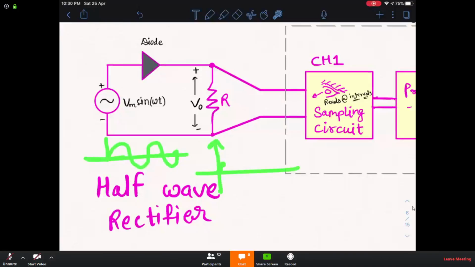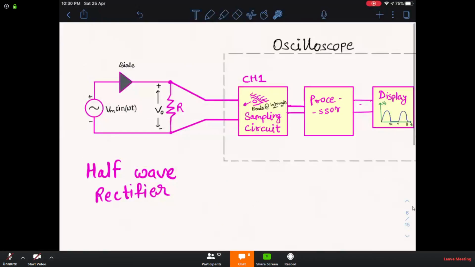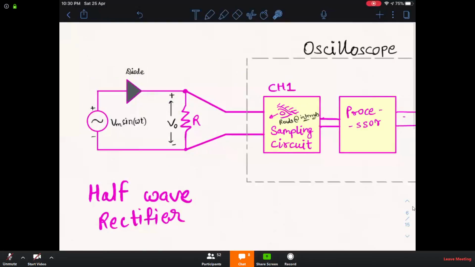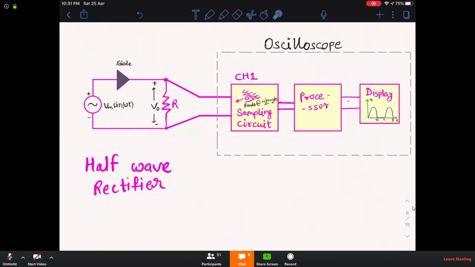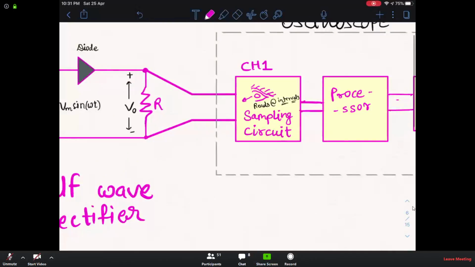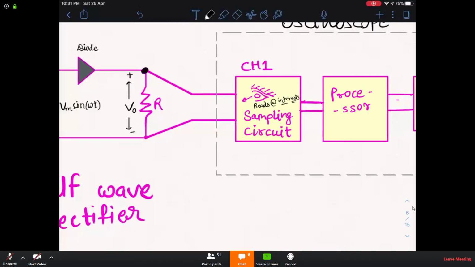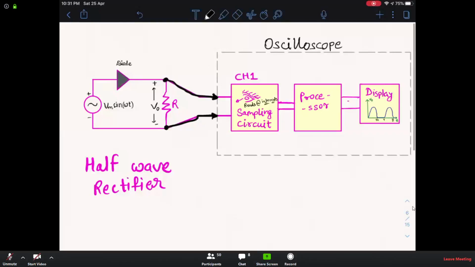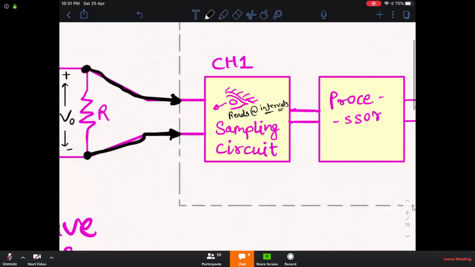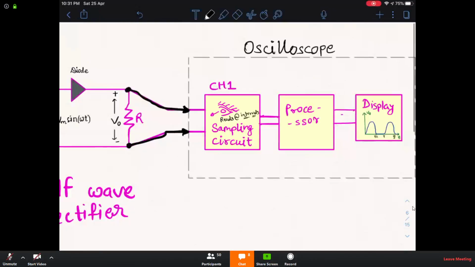Okay, so now this is our circuit, and this circuit is connected. See, this is the oscilloscope. So basically this is the circuit, and we are measuring this voltage from the oscilloscope. In the real world, suppose this is your circuit board, and you connect your circuit board to the oscilloscope using the probe.